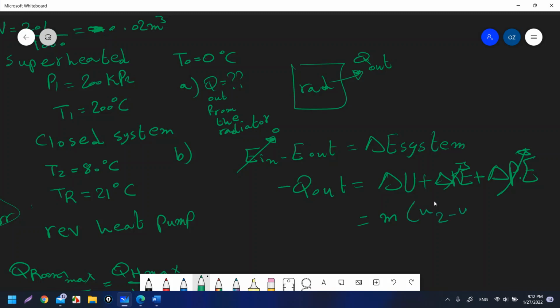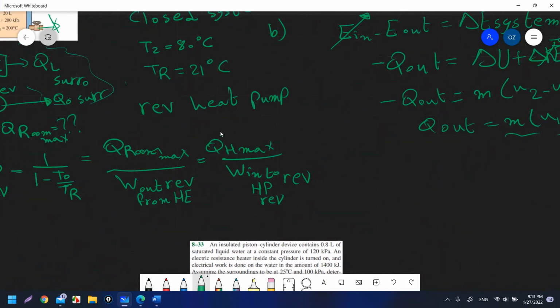U2 minus U1 is equal to negative Q out. And then Q out, if you send the negative to the other side, it will be M times U1 minus U2, and you don't have anything of these terms, M or U1 or U2. And also you don't have QH, and you don't have any work. Okay, let's see how can we solve this question.